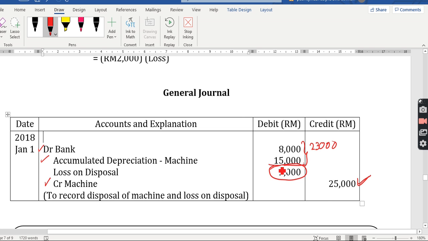That amount is actually your loss on disposal. So even without the calculation outside of the journal, you can still calculate whether you are getting any loss or gain on disposal. This is how you record the disposal of the asset before the end of the useful life.